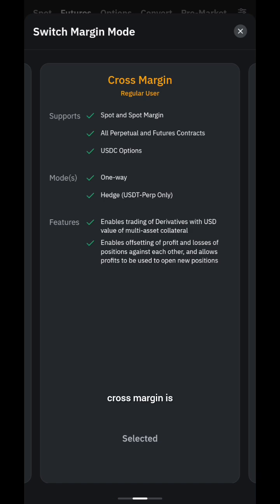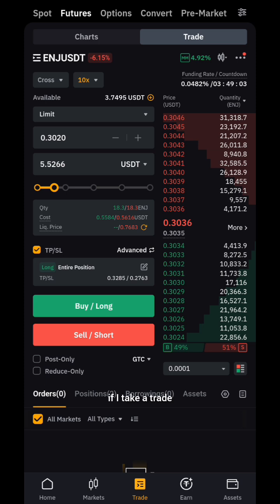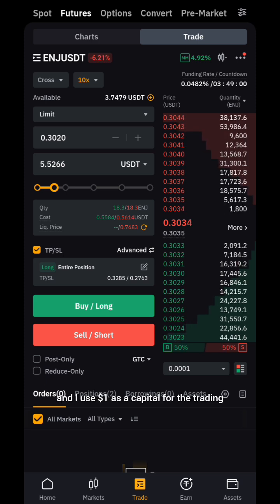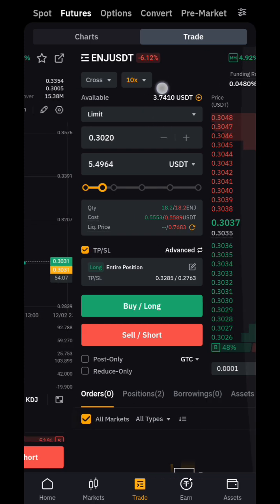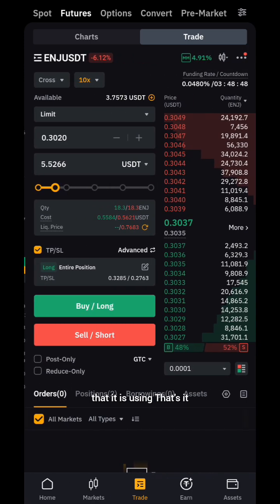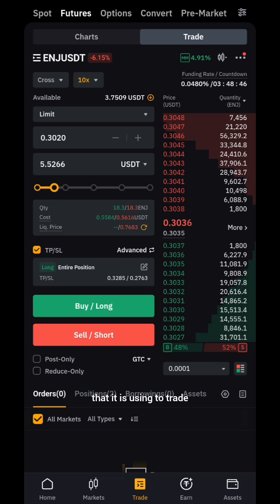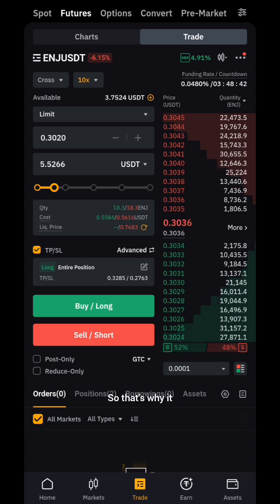Then cross margin is using all your portfolio against the trade. Meaning if I have $3 and I take a trade using $1 as capital, if I'm entering a loss, my stop loss won't be triggered immediately because I still have capital that it is using to trade.